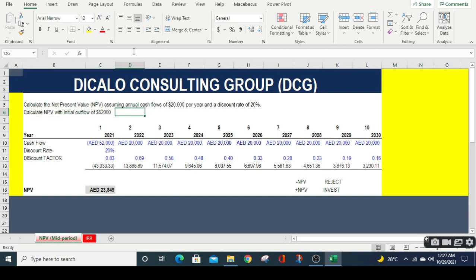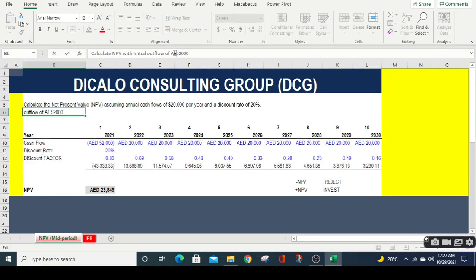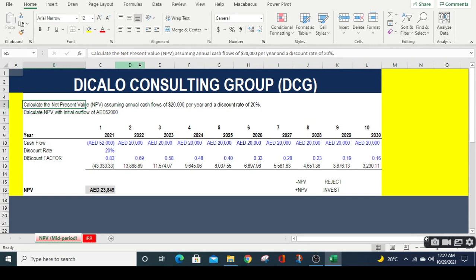So let us change, since we have everything in AEDs or in dirhams, let us equally change this currency to dirhams because we need to work in a common currency. And then the annual cash flows should also be in AED.